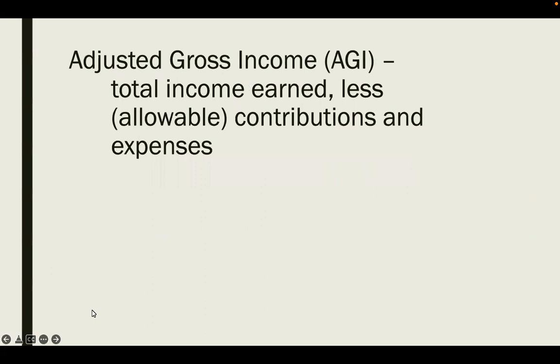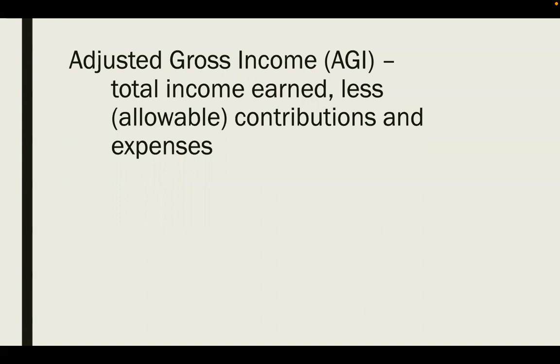So when we're calculating taxes, we first have to find our adjusted gross income. If you hear people talk about their AGI, it's found by taking your total income earned, right? So your gross income less the allowable contributions and expenses. Notice the word allowable.